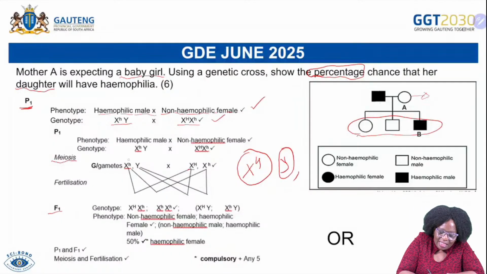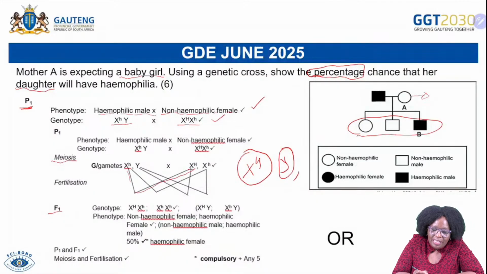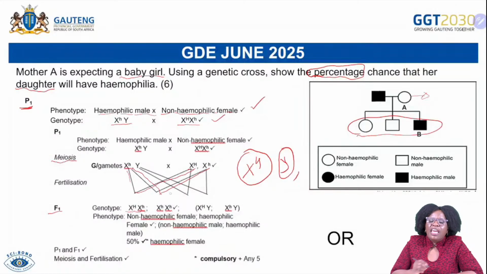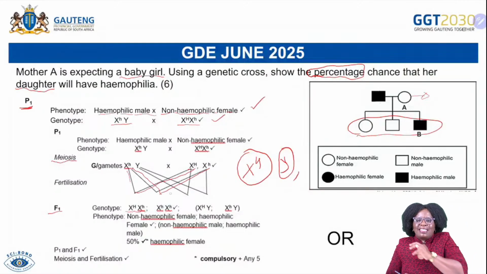So you can see that the X and the small h here is crossed firstly with this part here of the female, the first gamete, which is X and capital H. And this is the outcome. You see the genotype, that's the genotype. Then you carry on, you go to the same one, and you come to the next one. And you have got X small h and X small h. This you do not just guess.